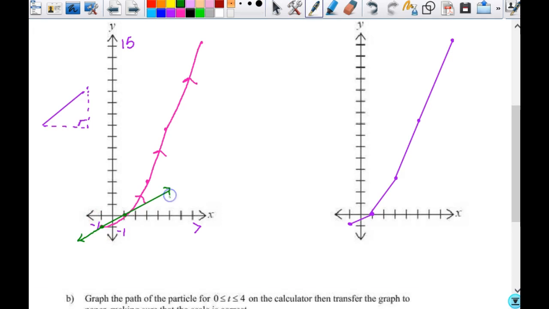So if a line intersects it at 2 points, it's not tangent. What's it called? Starts with an S. Secant. It's a secant line, okay? So we're not actually finding the slope of this, but that's how you find average rate of change. It's the rate of change between these 2 points. Well, guess what?